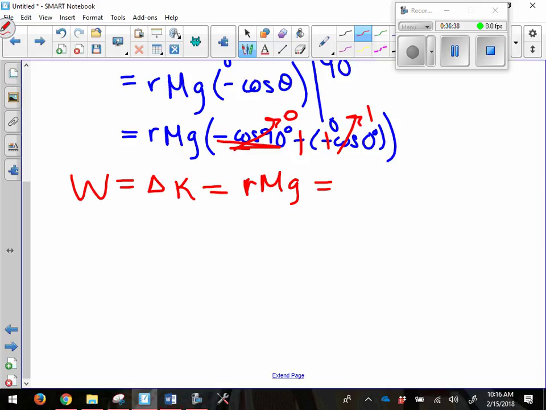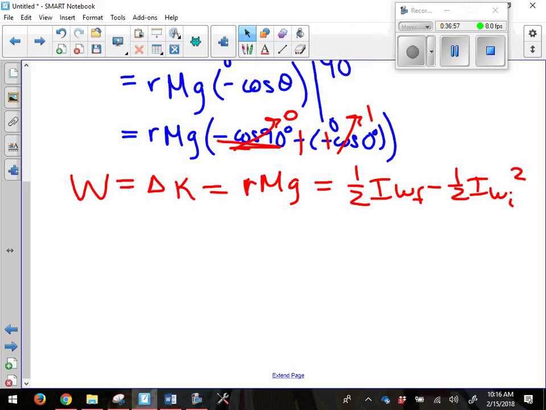And if I want to find the velocity, I know that delta k is going to be 1/2 I omega final squared minus 1/2 I omega initial squared. What's omega initial going to be? 0, starts from rest. So if I only had the rotational inertia, I'd be all set.